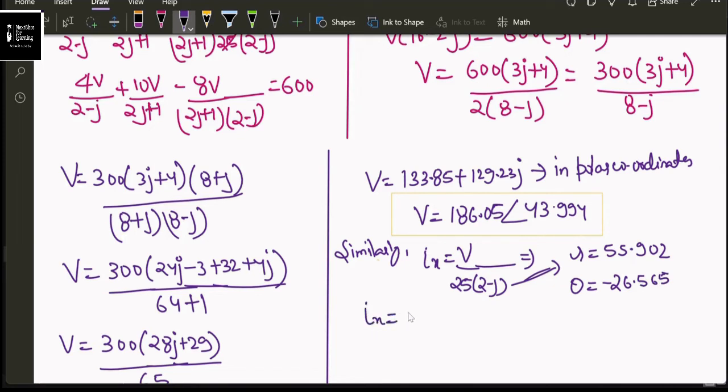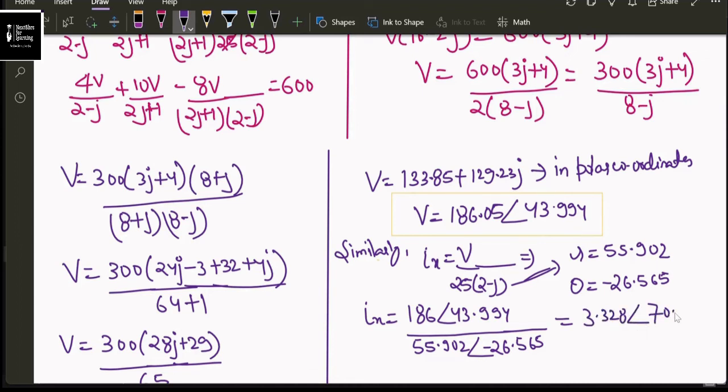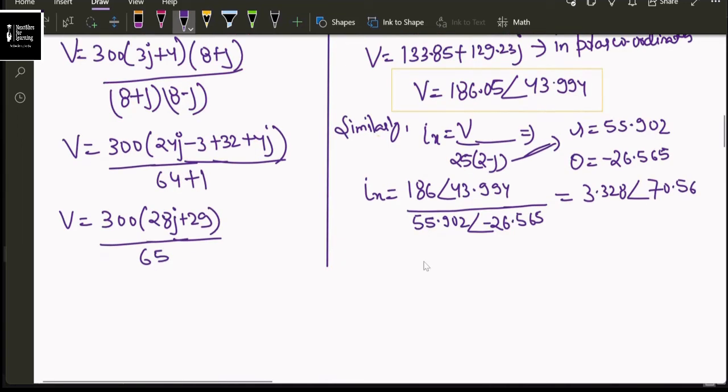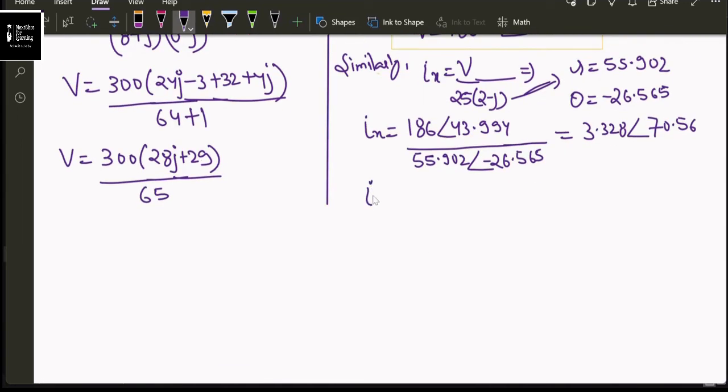So on solving this we will get 3.328 and the angle is 70.56. Finally, we have obtained the current equal to 3.328 and the angle is 70.56.